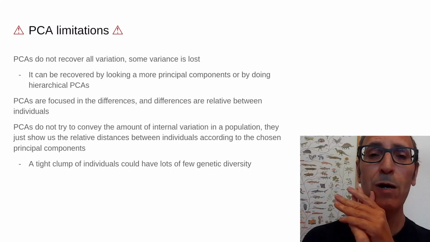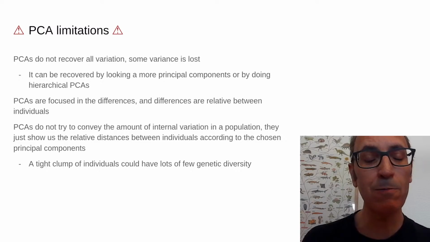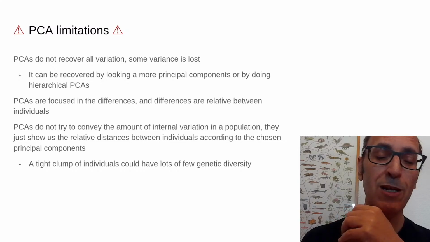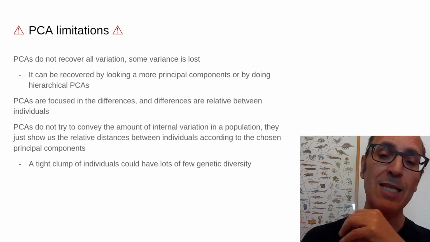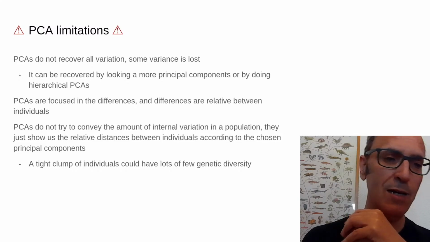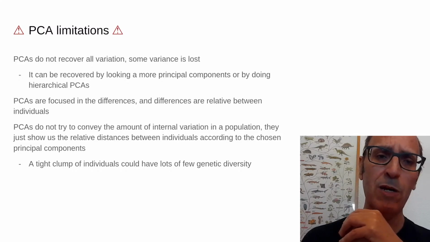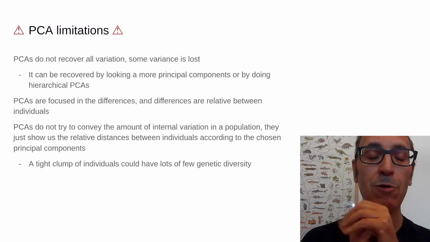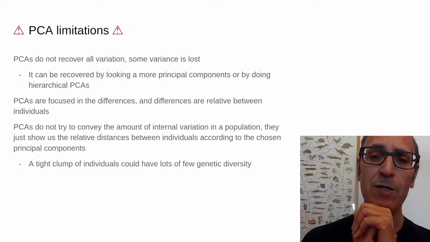If you are not losing a lot, then you can trust the result of the PCA. But it might be the case that you are losing a lot of relevant variation. In that case, maybe doing hierarchical PCAs, we are going to talk about this a little bit later, could be a good idea. Or checking out other principal components, not just the first two or the first three.